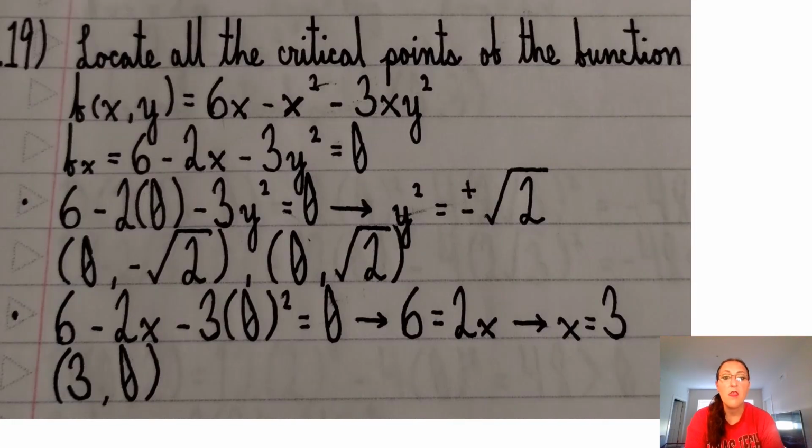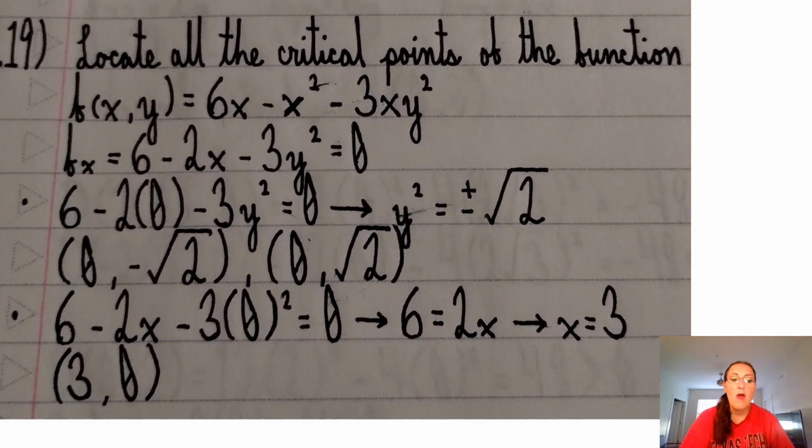Locate all the critical points of the function f(x,y) equals 6x minus x squared minus 3xy squared. f_x equals 6 minus 2x minus 3y squared equals 0. With x equals 0: 6 minus 2 times 0 minus 3y squared equals 0, so y equals plus or minus the square root of 2. (0, negative square root 2) and (0, square root 2) are critical points.